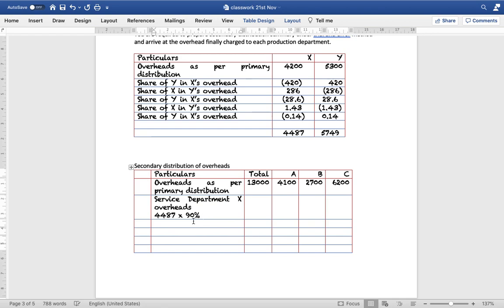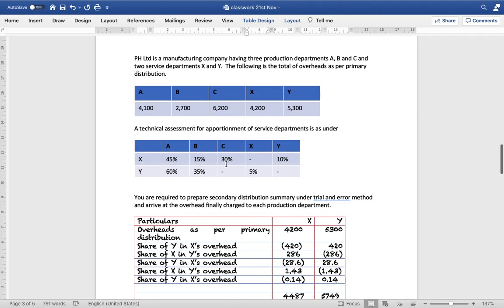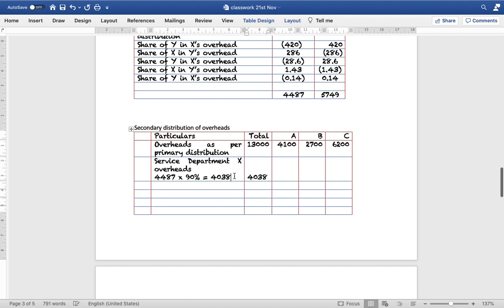So we have to find out what is 90%. So 90% of 4487 is 4038. Because we are not taking the share of Y. This has been reduced. That is why we are taking the balance 90%.